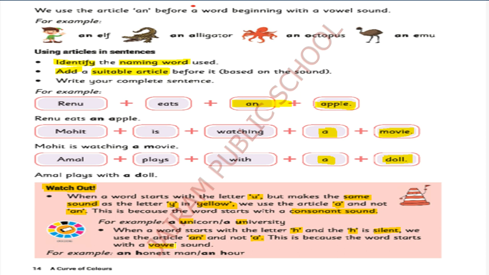Same as what I said earlier. If a word starts with a vowel sound but not a vowel letter, we will add an. For example, an honest man. We should not pronounce this as "honest" with an H, it's wrong, it's actually "onest". An honest man. Here the sound is not "her", the O sound comes, so it is a vowel sound. We will add an in front of this word.